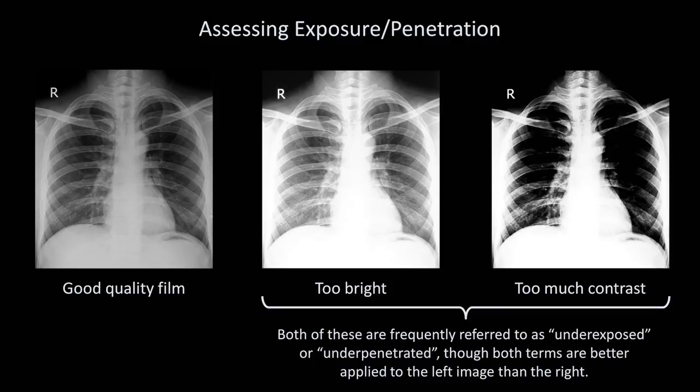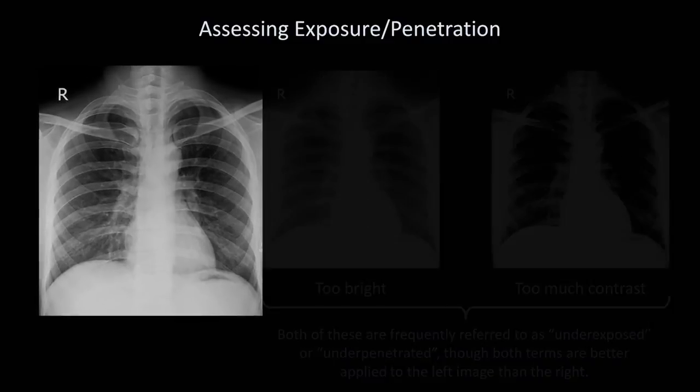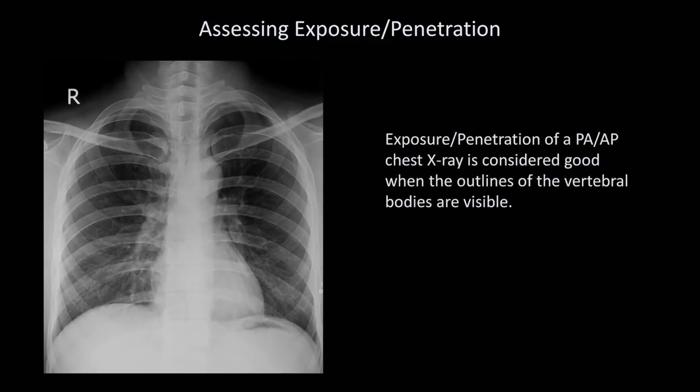There is. Let's focus in on the good quality film. The penetration of a PA or AP film is considered good when the outlines of the thoracic vertebral bodies are just barely visible behind the heart. I find it easiest to look for this by focusing on the intervertebral spaces. And here they are.